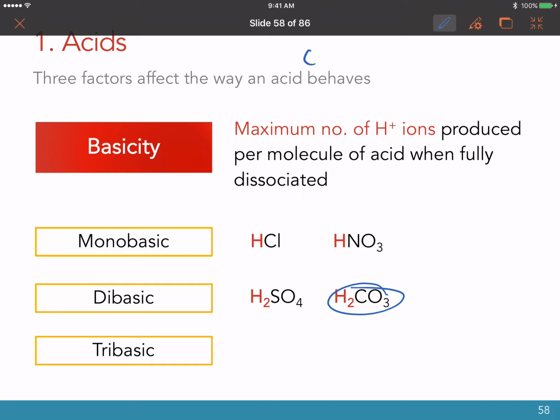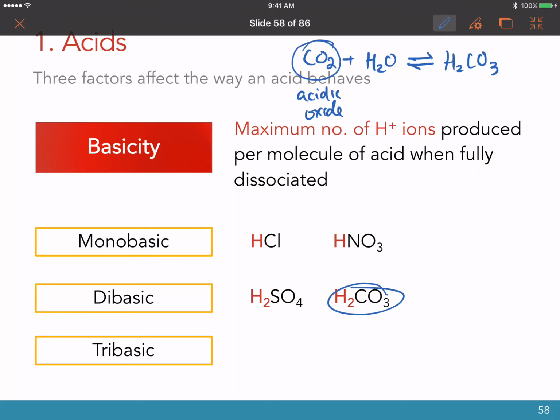So when we do so, CO2 plus H2O actually reacts and gives H2CO3. This is because carbon dioxide is what we call an acidic oxide. We will talk more about the nature of oxides next lesson, I think.